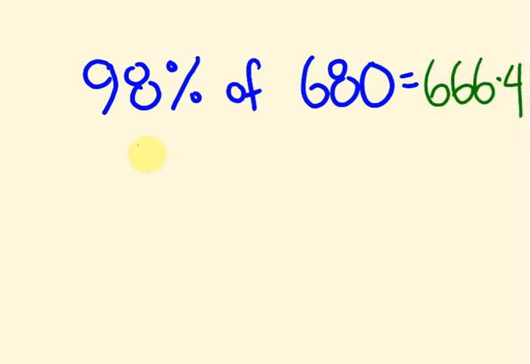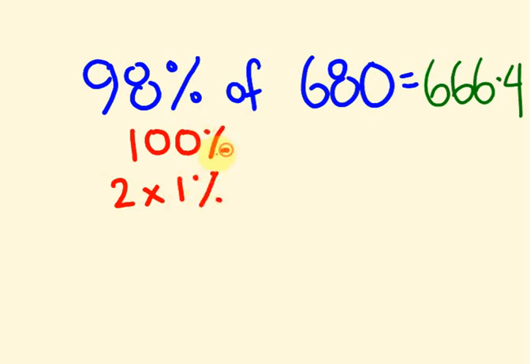Okay, so this is probably the easiest way here. You start with 100% and you've got 2 times 1% that we're getting rid of. So 100% of 680 is 680. 1% is going to be, we move the decimal place back 1, 2, so 6.8. 2 of these are going to be twice as much, so 2 times 6.8, yeah?